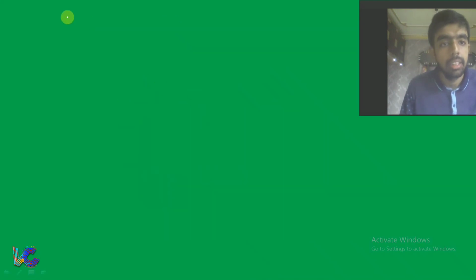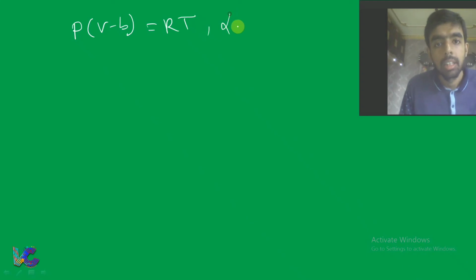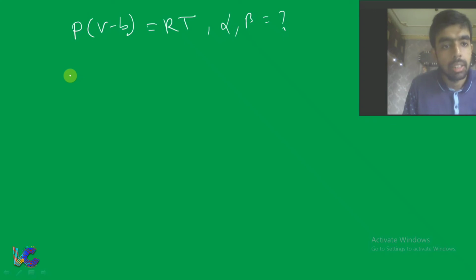Now instead of an ideal gas, if you take this gas, P into V minus B equal to RT, and you have to calculate the value of alpha and beta for it, what you have to do is the same kind of thing.